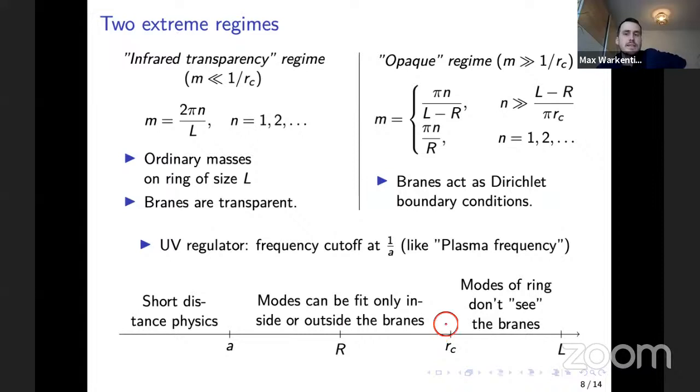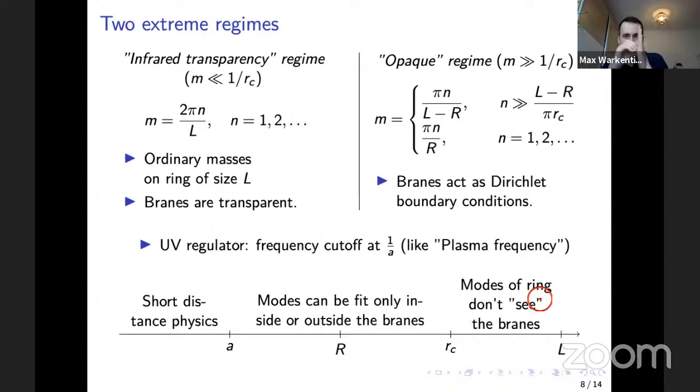Okay. And of course, this is exactly what gives us the result at the end. Because if you did not have this regime here, if there were no low energy modes, if all modes were really captured on those branes, then it would be just the same case as the Dirichlet boundary conditions in the usual electromagnetic case.